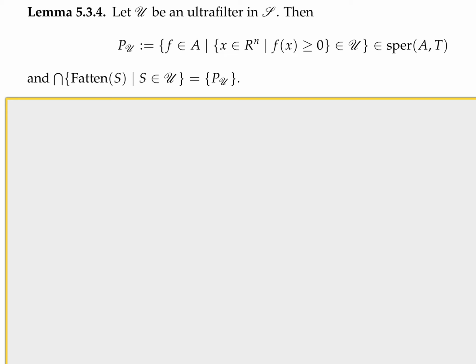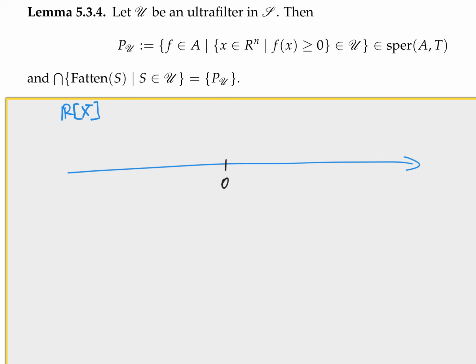So yes, let's maybe make an example. So if I take again the case where we know already much about the real spectrum, if you have just one variable, so I take a polynomial ring over the reals in one variable, that's the easiest case that is of interest.